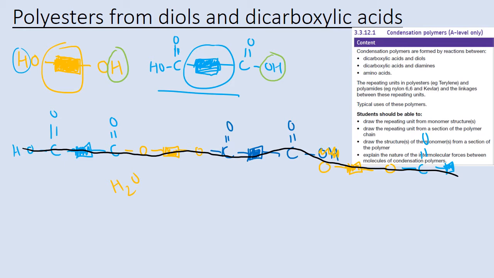It's just an alternating, repeating pattern. No more complex. And every single link that you make releases an H2O. So for every single ester link, you're releasing H2O, hence the term condensation polymerization. You are releasing a small water molecule.